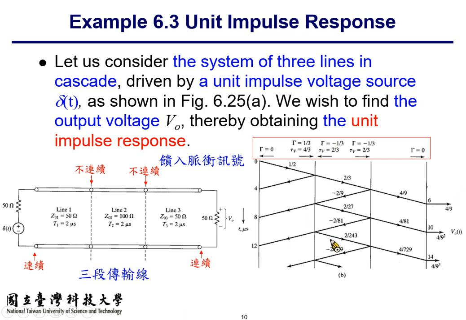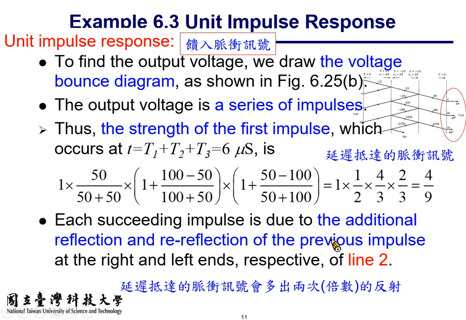Okay, so let's go back to the textbook to finish the description of example 6.3. You can see how to find the required time delay for the signal to reach the right-hand side: you just add up the propagation time required in each section.